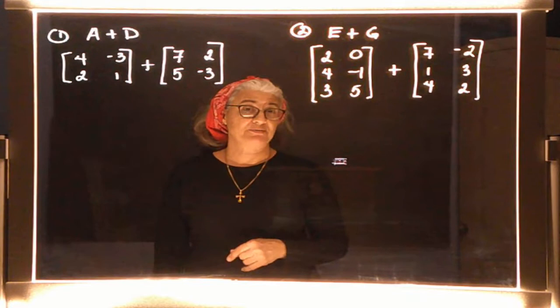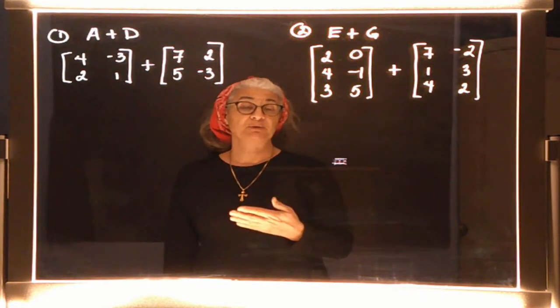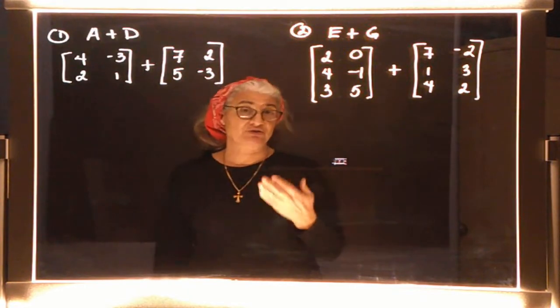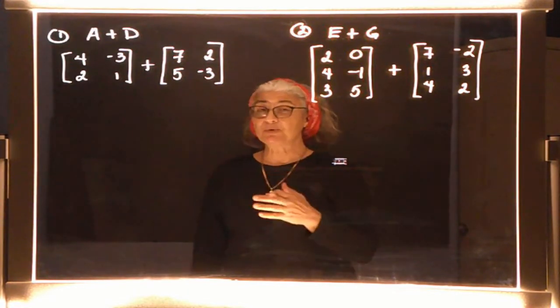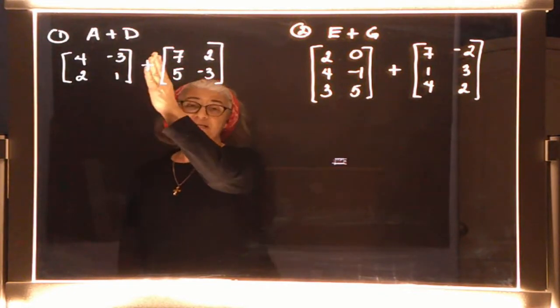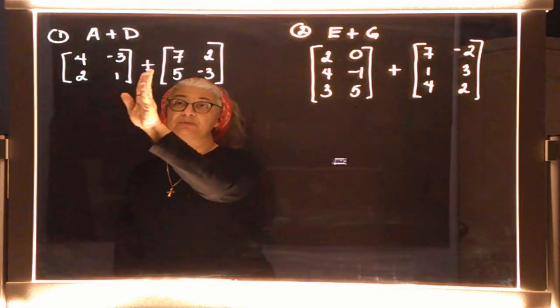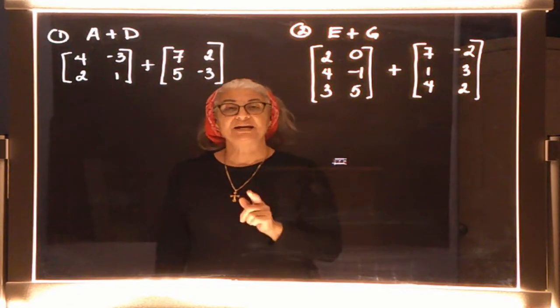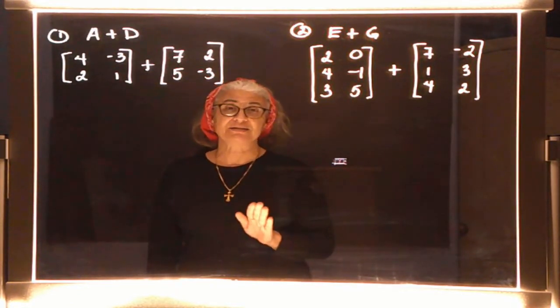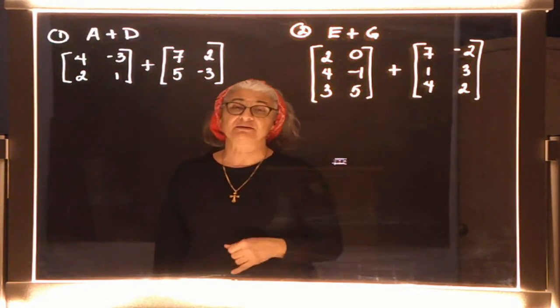Okay, so let's look at some examples. Remember, you told me we could add matrices A and D together. So problem number 1 is asking you to add them. So it's very important to keep the order in which they asked you to add. A plus D, I wrote the A matrix first plus the D matrix. Now, here's why it's very important for the order to be exactly the same in order to add these or subtract them.